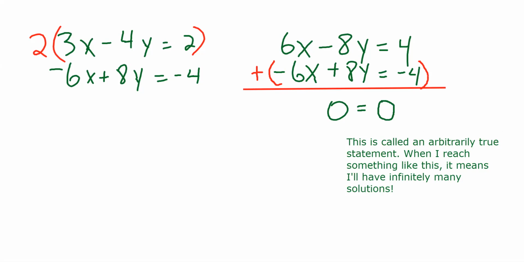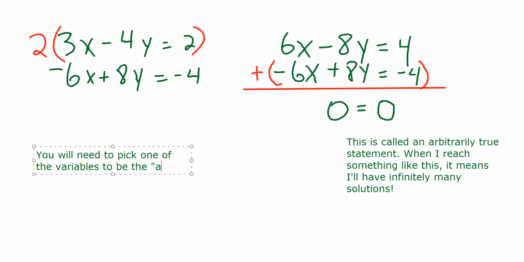The way your homework and the way any exam question will want you to put that answer in, you will need to pick one of the variables to be the arbitrary variable.